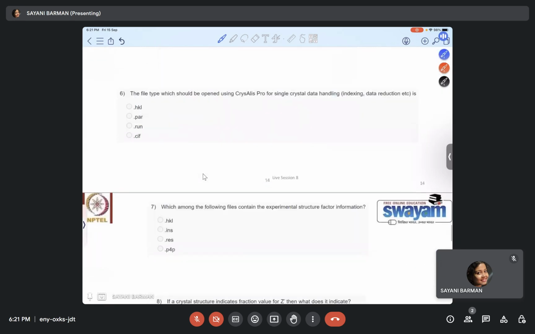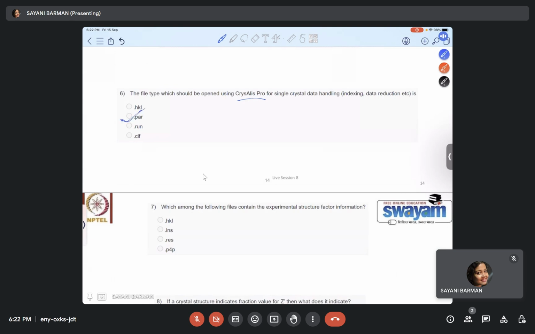So the next one is the file type which should be opened in CrysAlisPro for single crystal data handling. The .par file we use, right? Whenever we use CrysAlisPro with an omega width of 0.3 degree, we generate a .par file, and this can only be opened in the CrysAlisPro software for indexing and data reduction of the single crystal data.